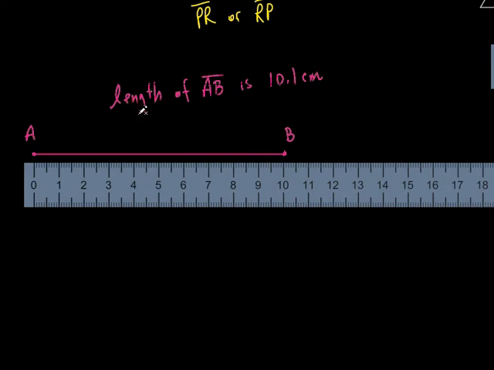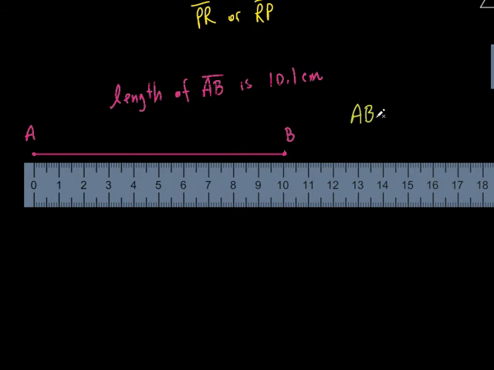Actually write the word length of, and then line segment, see how we put the little segment over top of it, is 10.1 centimeters. Well, here's another way you could write it, and this is just a little bit easier. You don't have to write so much stuff. So if I wanted to actually find the measure of a line segment, what I would do is this. I would just put AB and nothing on the top of it.